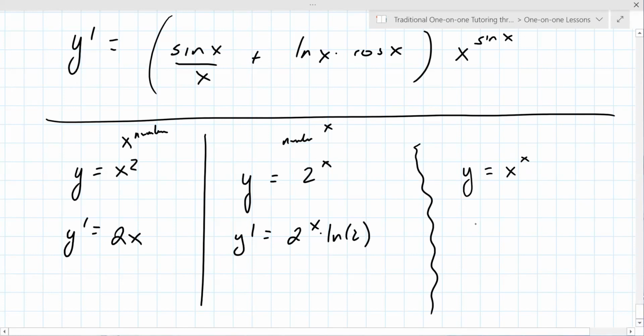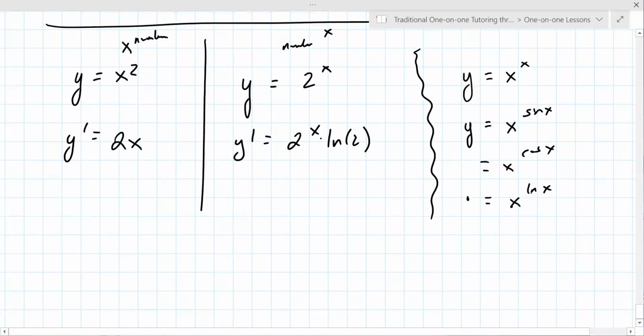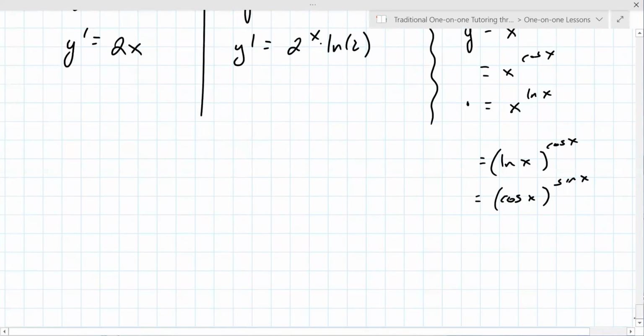So here's some that you might see. You might see x to the sine x, or x to the cosine x, or x to the ln x. Really anything, or it could be reversed. So it could be like natural log of x to the cosine x. Could be cosine x to the sine x. It's when you have two of the ones that are on your sheet that I think I've sent you before, where one of them's in the exponent.